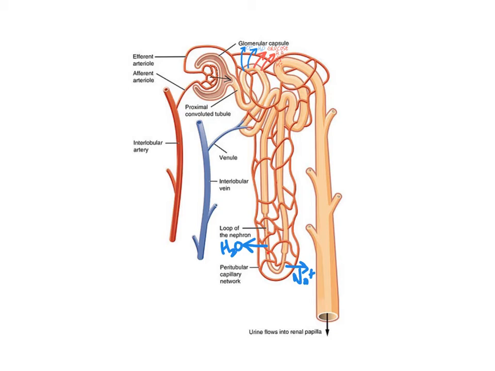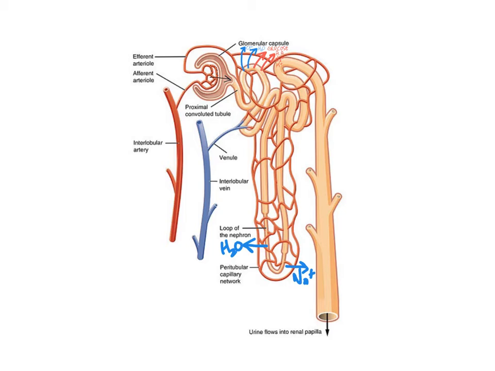Here, water can leave, and when it does, the filtrate becomes a little hypertonic. Then, when it comes to this part of the nephron, water can't pass in and out anymore, so instead of water passing back in to balance it, the only things allowed to pass are these sodium ions. If water can't pass back into the nephron, sodium's simply going to leave. And that's the relationship there.